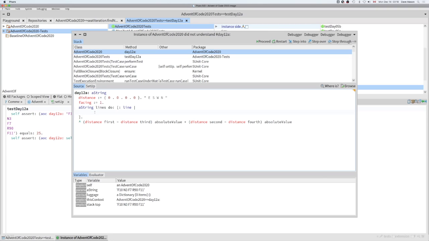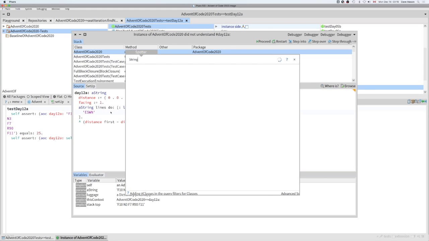Let's try east, south, west, north. It's a question of what's the best way to find this. Let's look at string and see what method we might have that would be useful for us.